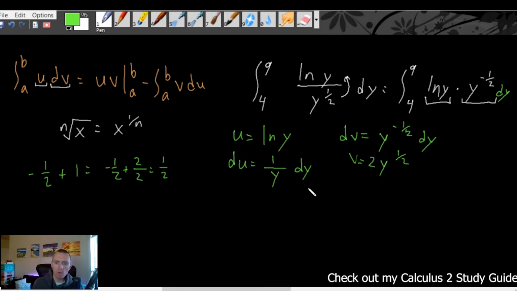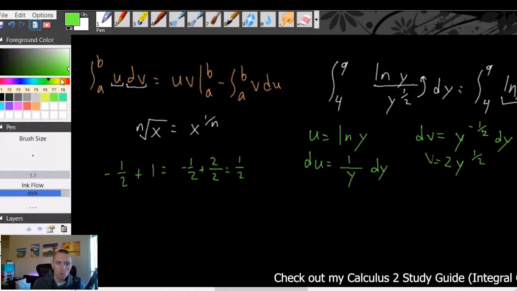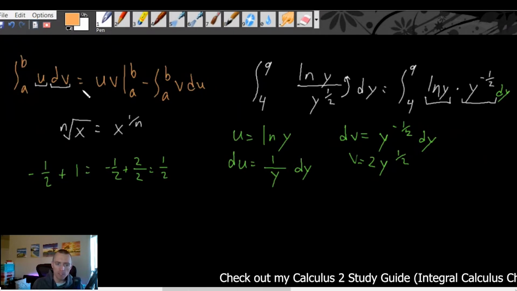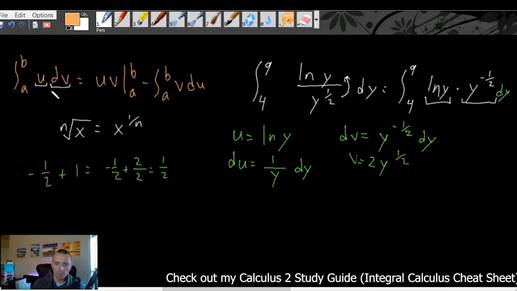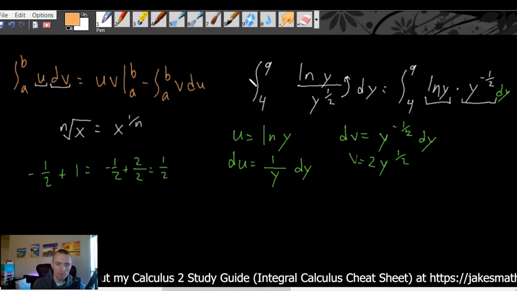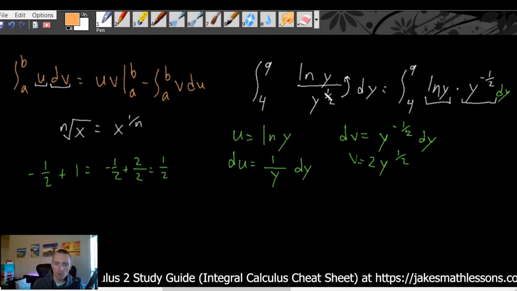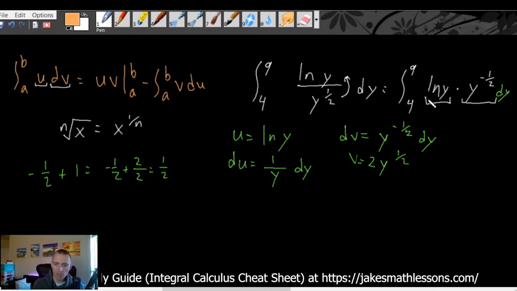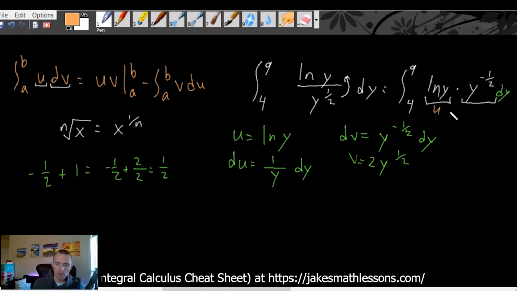Okay, so now once we've found these 4 pieces here, we can plug those 4 pieces into our integration by parts formula. So we're going to get the integral from a to b, 4 to 9 in this case, of u times dv, which we've said ln of y is u, y to the negative 1/2 is dv.